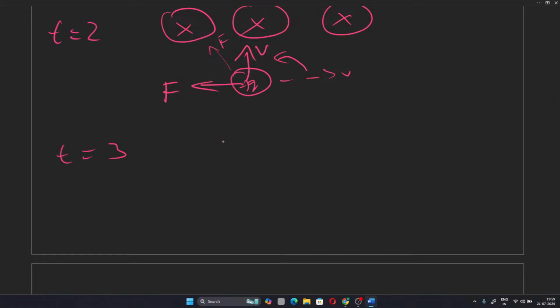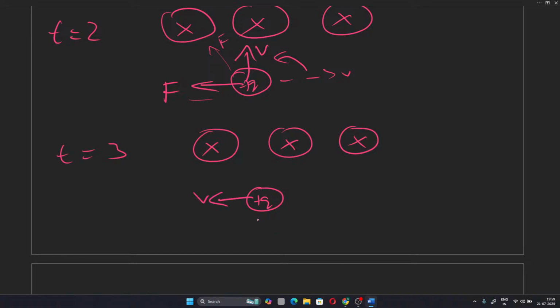Now in case of t equals 3 seconds, the velocity of the particle will be in this direction because the force was acting in this direction. Again, if we calculate the direction of force due to this direction of velocity and magnetic field, the force will be acting in this direction.